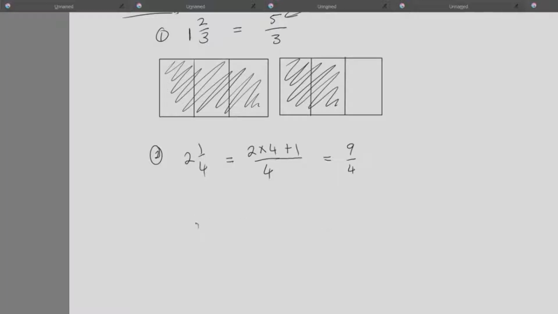In general, if I have a fraction with a whole portion and a little fraction portion, I've cut my loaf of bread into C pieces, the denominator. A loaves have all of those pieces, and the last one has B slices.